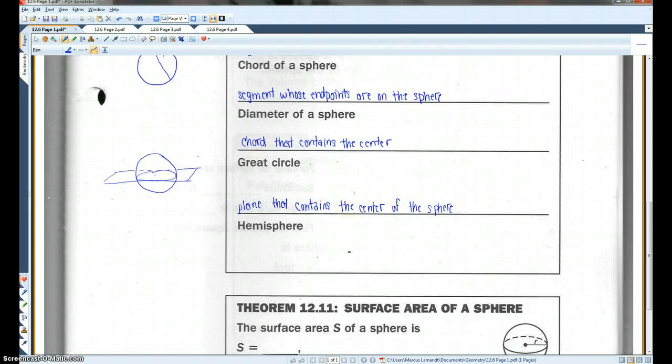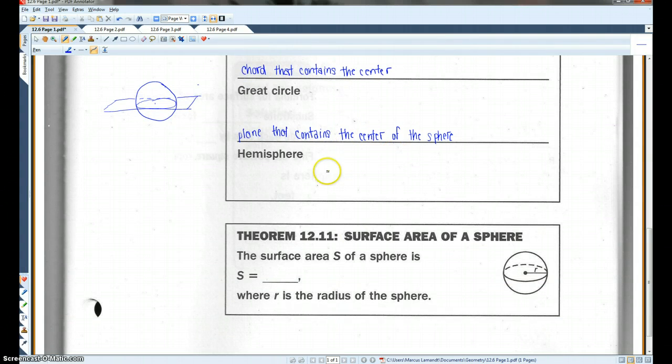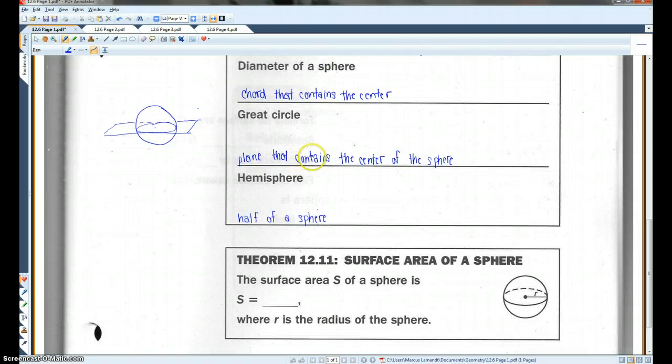A hemisphere is half of the sphere. Feel free to pause and go back if you need to get any of those definitions again.